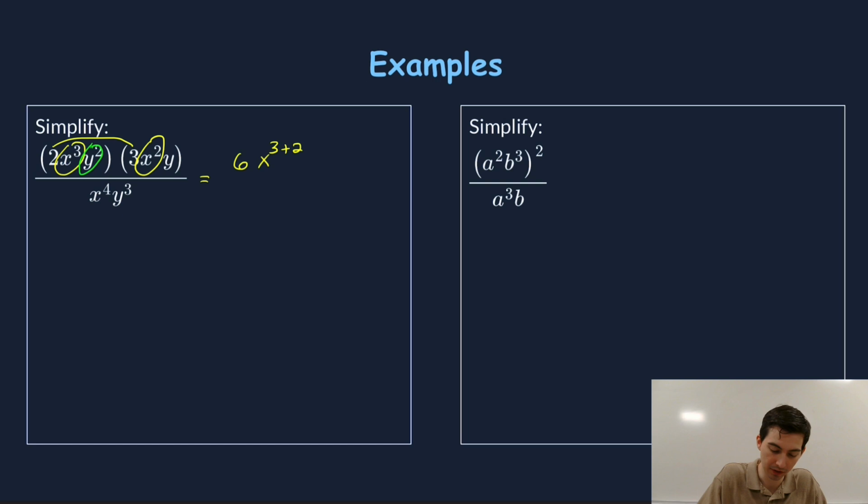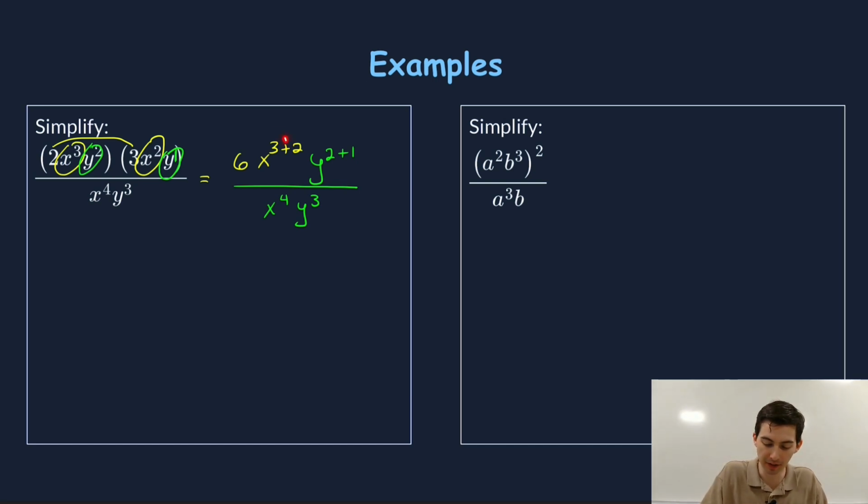I've got this y squared and this y with no exponent. When we don't have an exponent listed, we're going to say that there's a 1 there for the exponent. So when I write this, I'm going to say y to the 2 plus 1. There's nothing for me to simplify on the bottom, so I'm just going to go ahead and write that in as it is. So x to the 4 y cubed.